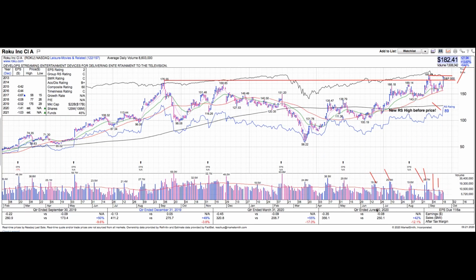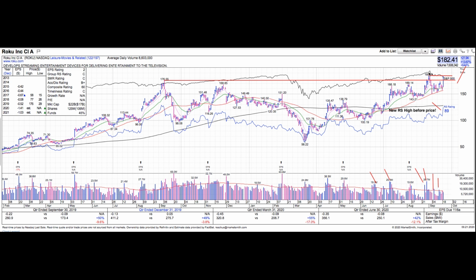If we come now to the daily chart, you can see this big consolidation here, and then you can see that I made a note here, RS line high before price. This is something I'm always looking for, especially when you see that the market is in a correction, and that was the case here.